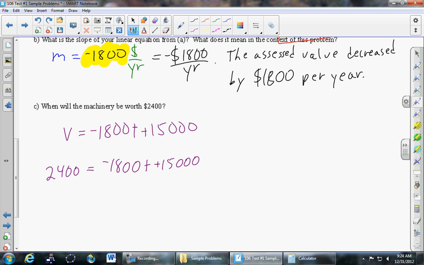The goal here is to solve for T, so we'll first subtract 15,000 from both sides. So that gives me 12,600 over here. Divide both sides by, I made a mistake, that should be negative. Divide both sides by negative 1,800.